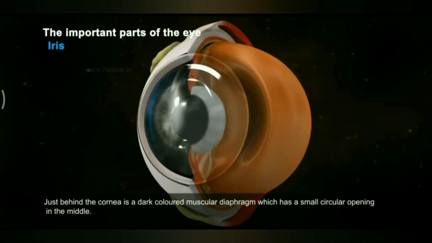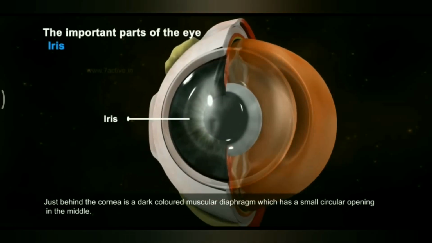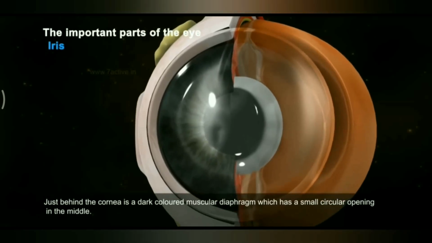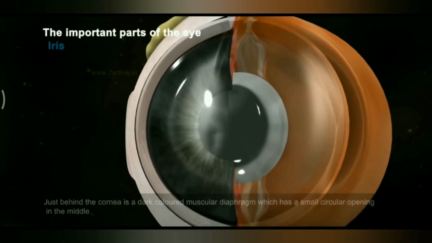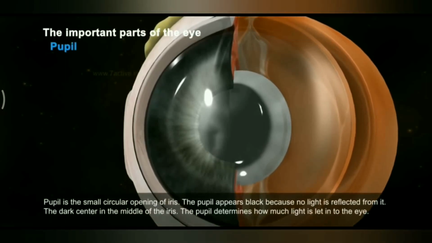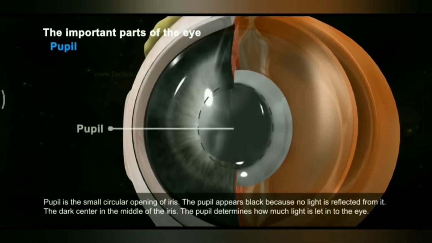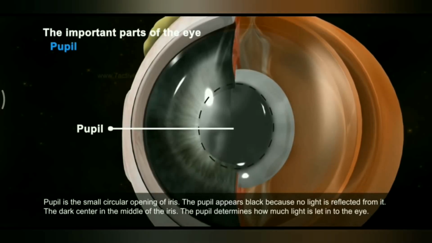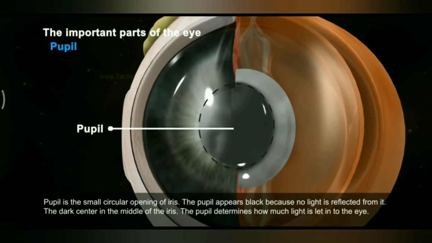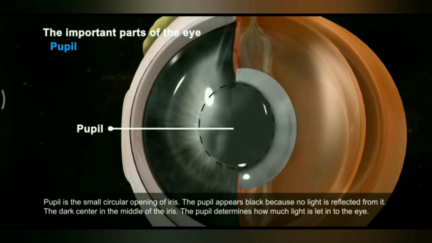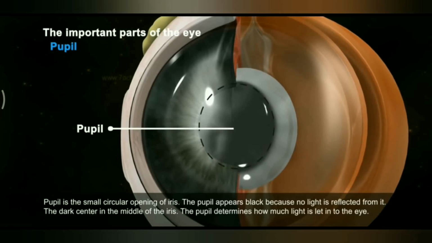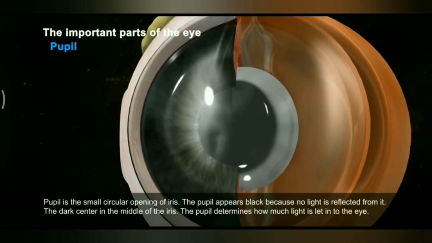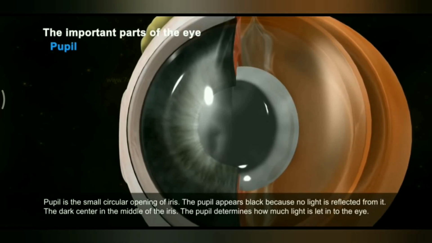Next is iris. It is a circular diaphragm behind the cornea and is a dark colored muscular diaphragm which has a small circular opening in the middle. And it has a central hole which is known as the pupil of the eye. The iris contains the pigment that determines the color of the eye. Through the muscle action, the iris can change the area of the pupil from 2 to 8 mm in diameter so as to adjust and admit a suitable quantity of light into the eye.